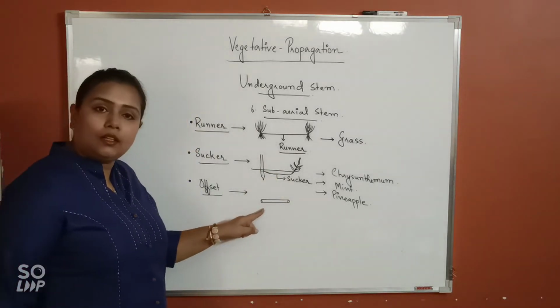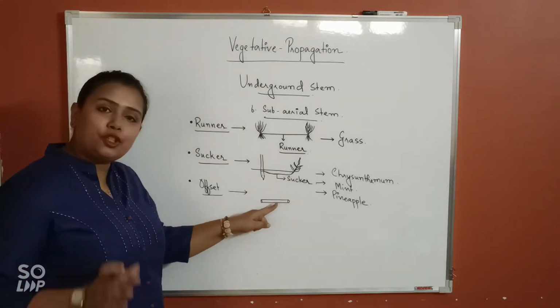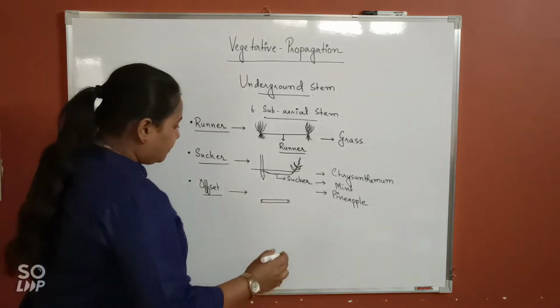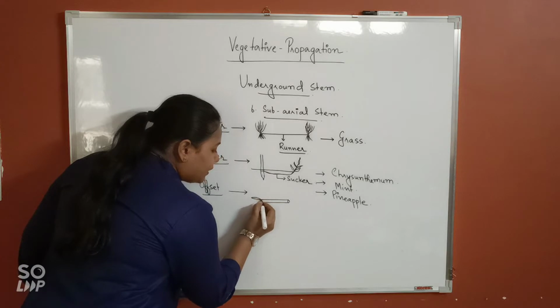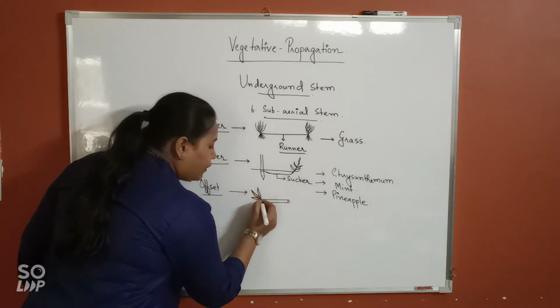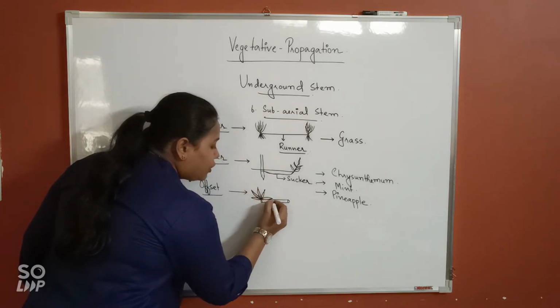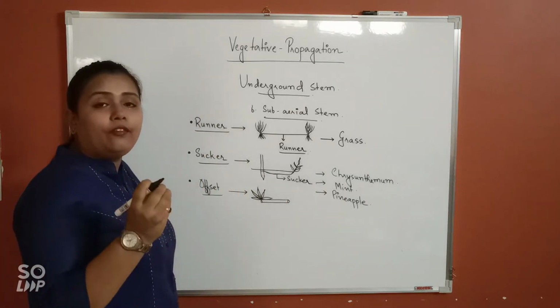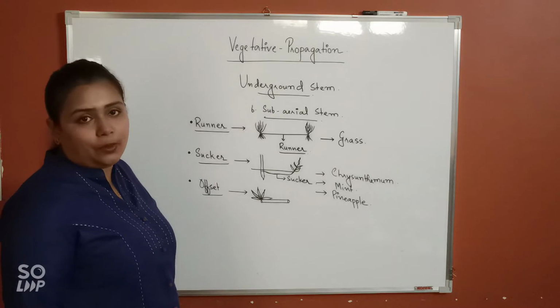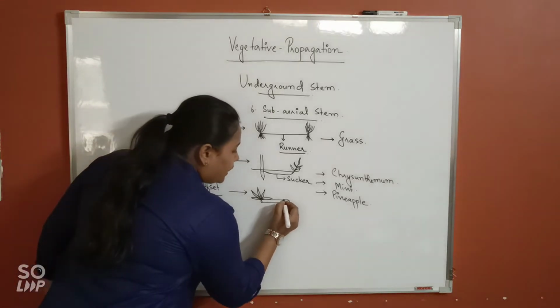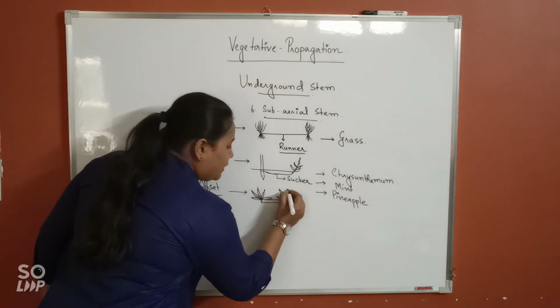This is a 1 internode long short runner or stem, and from above the node arises cluster of leaves. When leaves are going to be arranged in the form of rows or in the form of a flower in cluster, we call it rosette arrangement. Okay, so the leaves are going to be arranged like this.